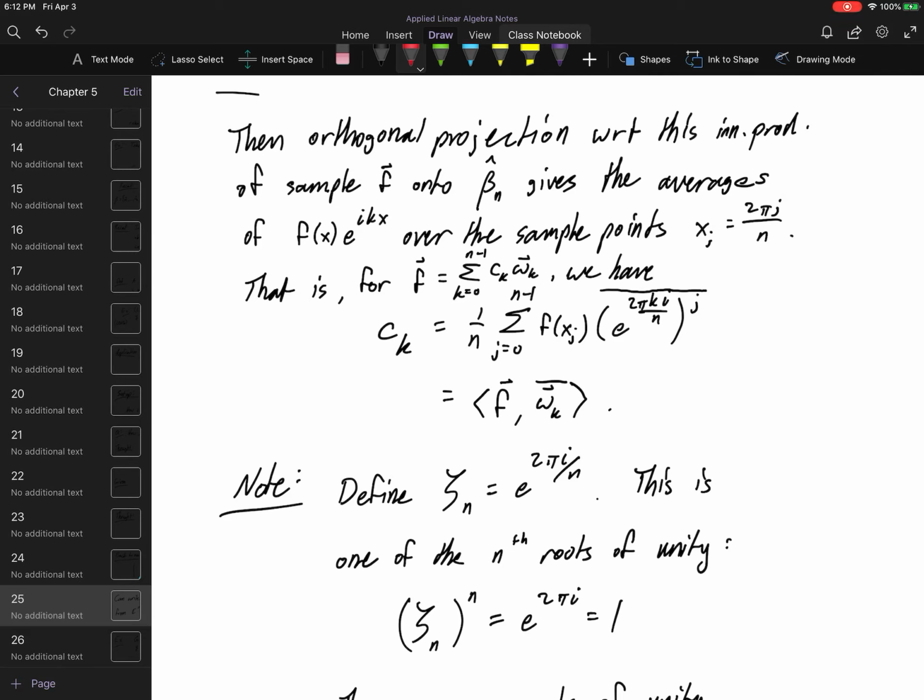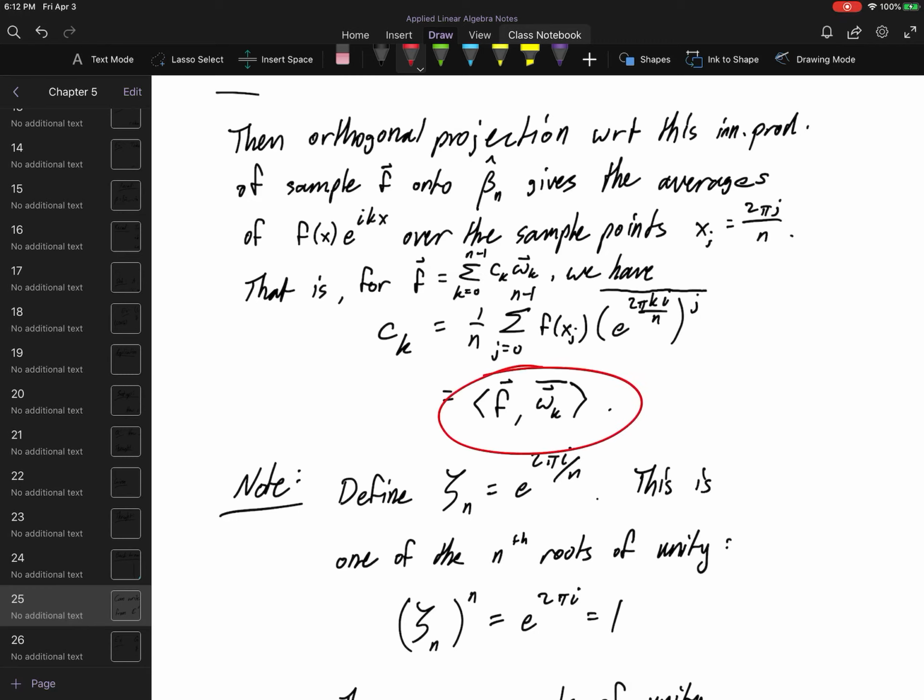So for our sample vector f, our coefficients are exactly just the inner products now. The addition of the 1 over n means we don't have to worry about dividing by anything. There's no scaling up or down of these inner products, and we can just go about our lives.